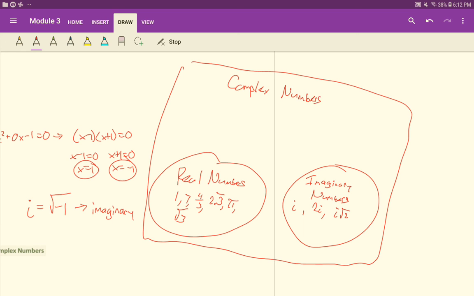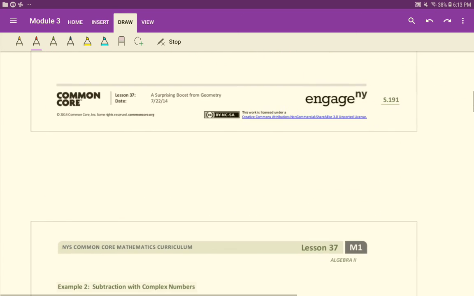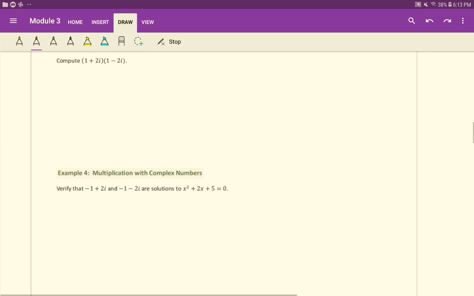And a complex number is basically a mixture of real and imaginary numbers. So for example, 2 plus 3i, real part and an imaginary part, right? 1 minus i, real part, imaginary part. Stuff like that. Root 2 minus i root 7, real part, imaginary part. So in the next section, we'll look at how to do addition, subtraction, and multiplication with complex numbers.